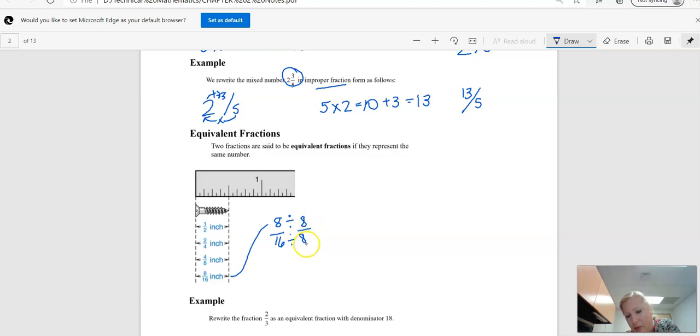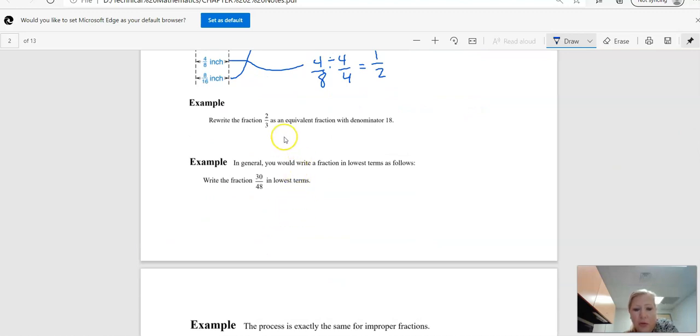If you're dividing by 8 over 8, that's just 1, so it shouldn't change the number. 8 divided by 8 is 1, 16 divided by 8 is 2, so 8/16 is equivalent to 1/2. We could take our 4/8 and divide both of those by 4. 4 over 4 is just 1, so 4 divided by 4 is 1, 8 divided by 4 is 2. So these fractions are all equivalent to 1/2.